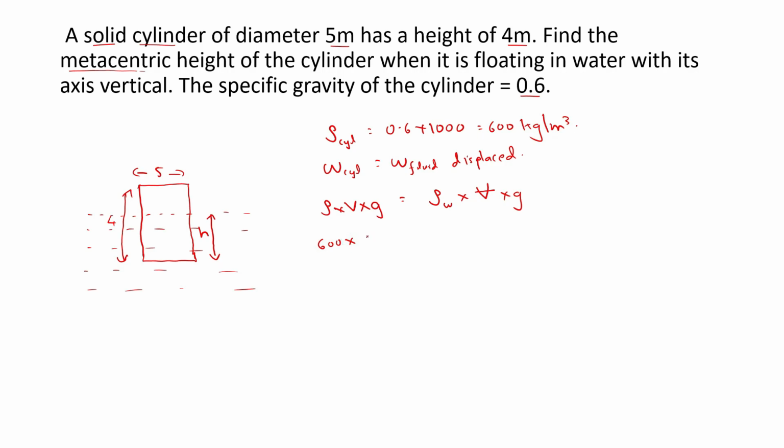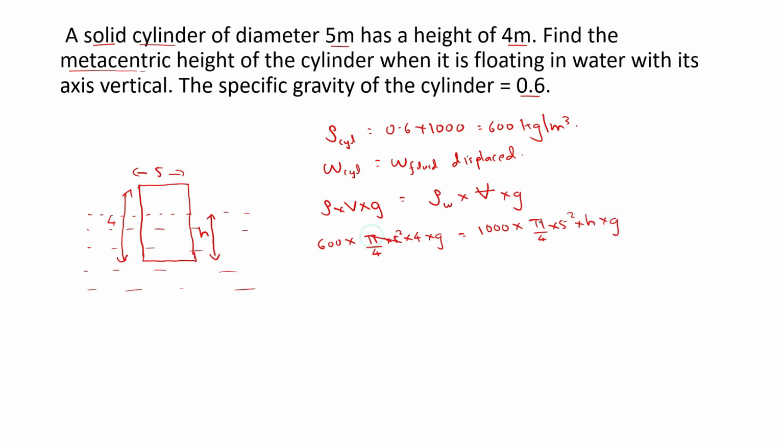say it has a diameter of 5 meters, so cross sectional area pi by 4 into 5 square, into 4, into g, that is equal to rho of water 1000 into the volume of water displaced, pi by 4 into 5 square into H into g.